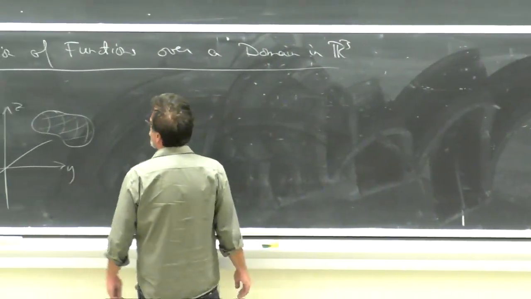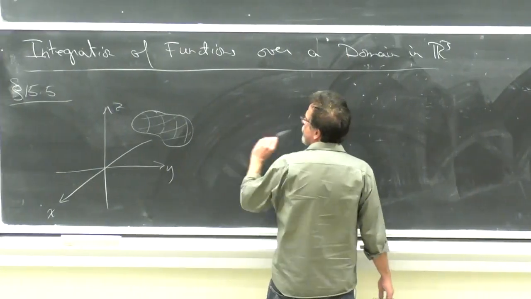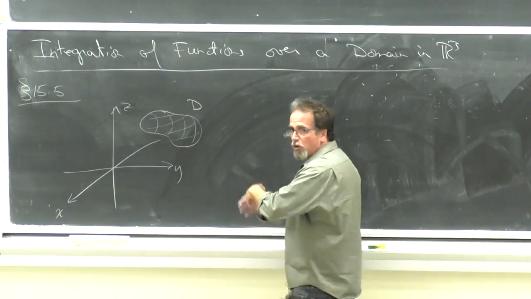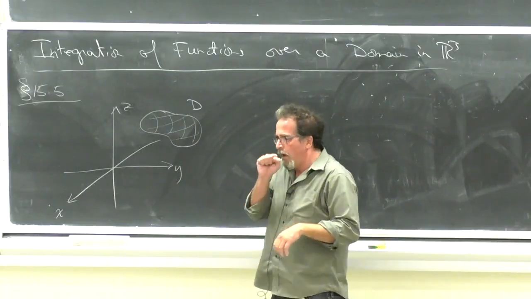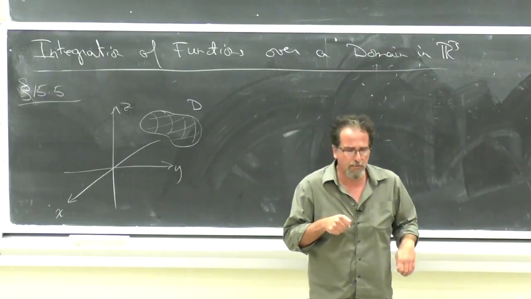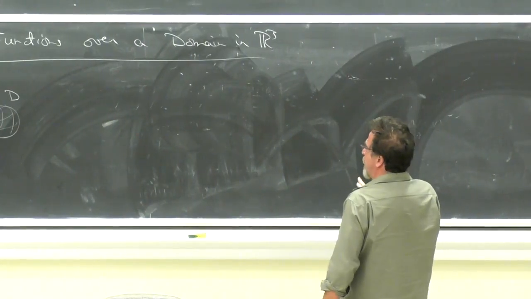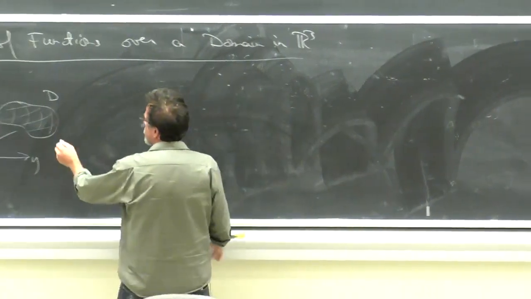And you want to consider a function. So this is the domain D. Okay? The boundary of D is some curvy surface. You think of the boundary of the domain as some curvy surface.